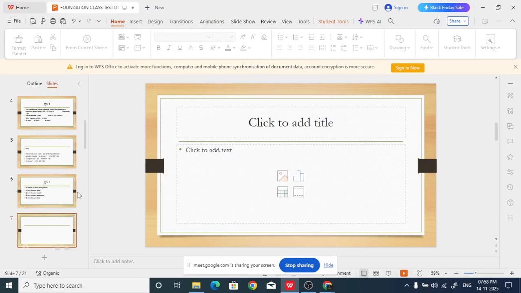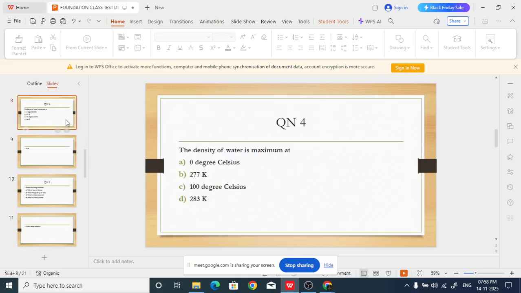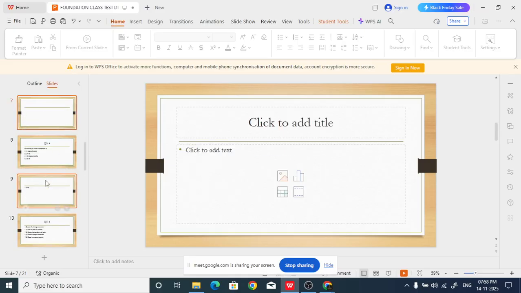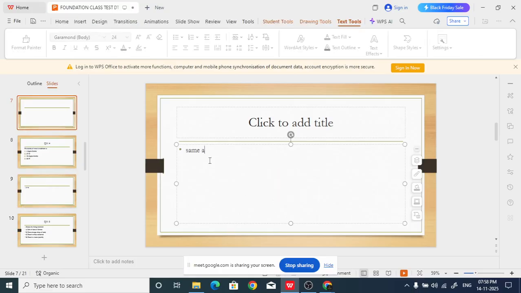Oh, I have not given the answer. Sorry. So it is the same acceleration. For example, the rate of change of velocity is called acceleration.